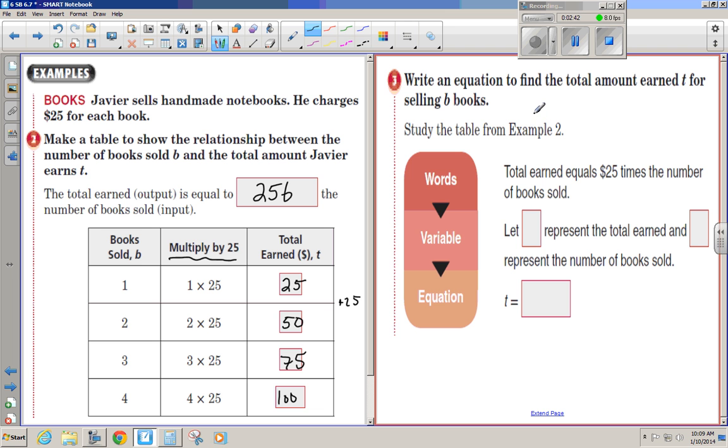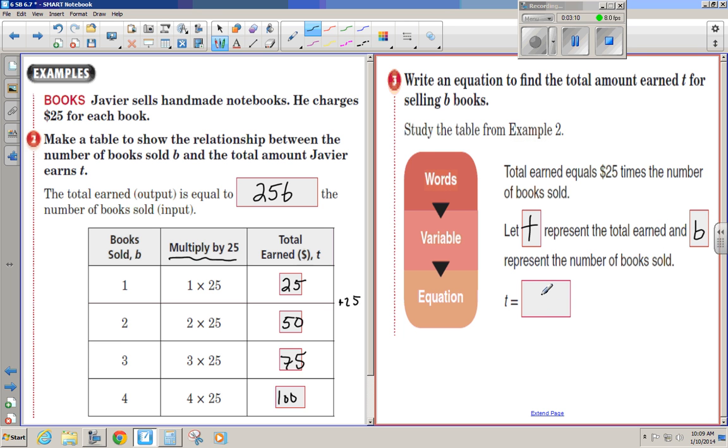Write an equation to find the total amount earned, T, for selling B books. Study the table from example 2. Total earned equals 25 times the number of books sold. Let T represent the total earned, and let B represent the number of books sold.